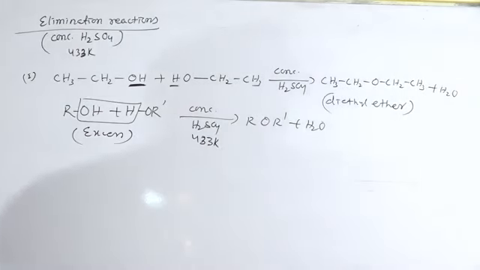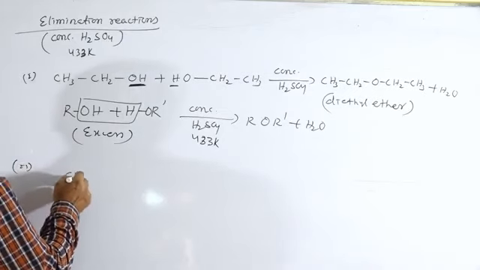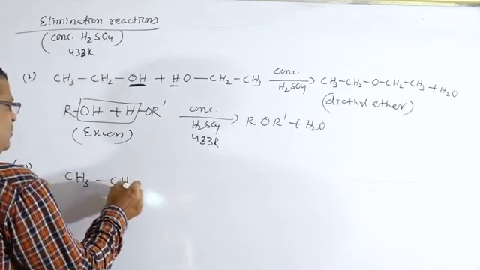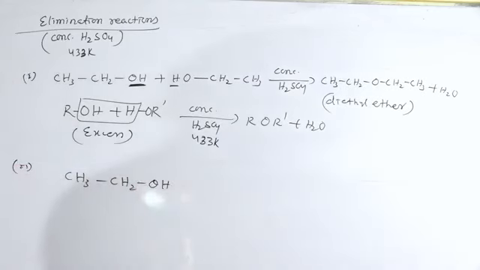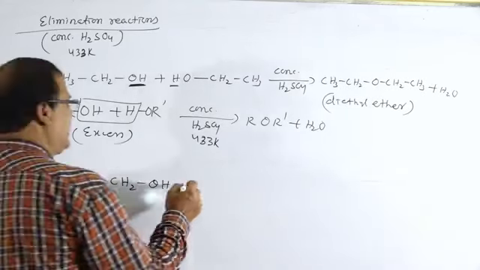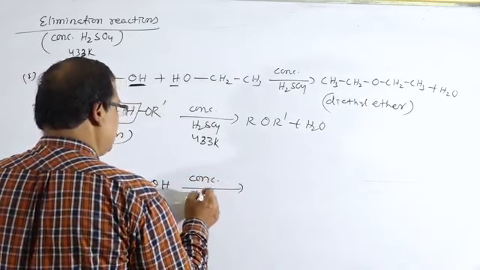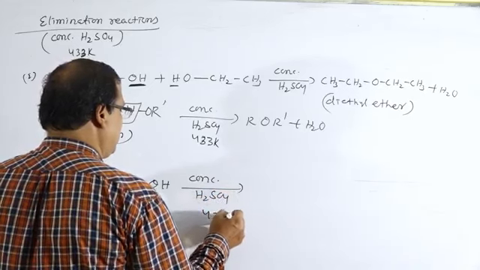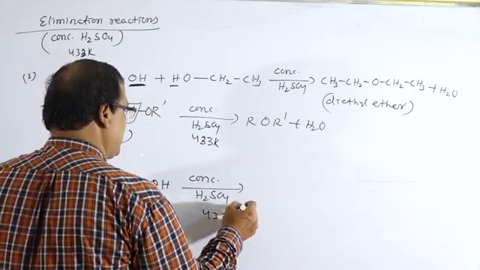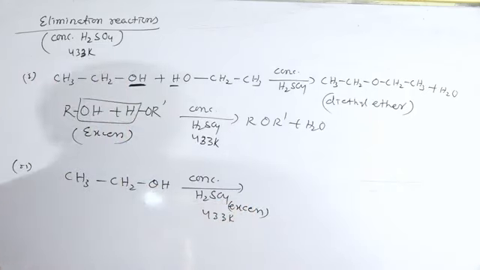But if you have taken excess of acid, for example CH3CH2OH treated with concentrated H2SO4 at 433 Kelvin, with the acid taken in excess.